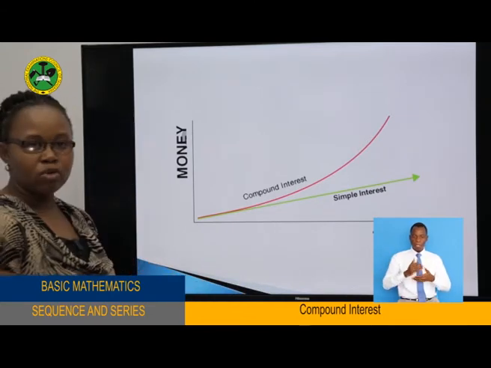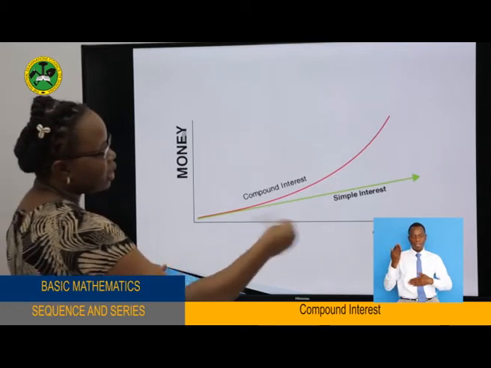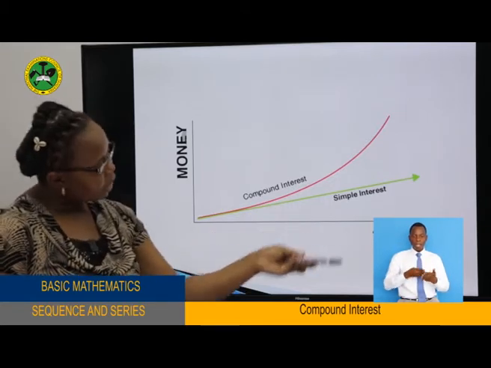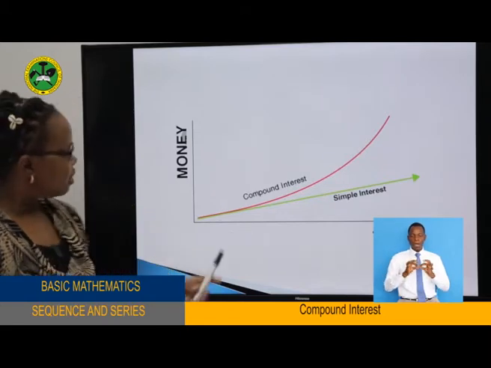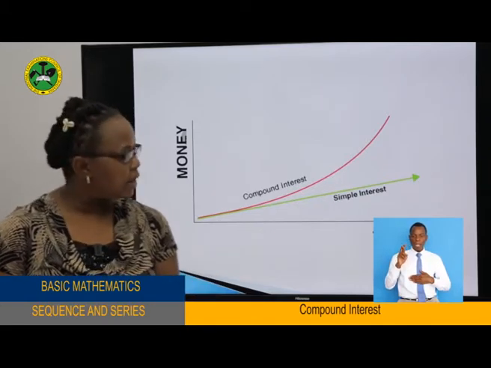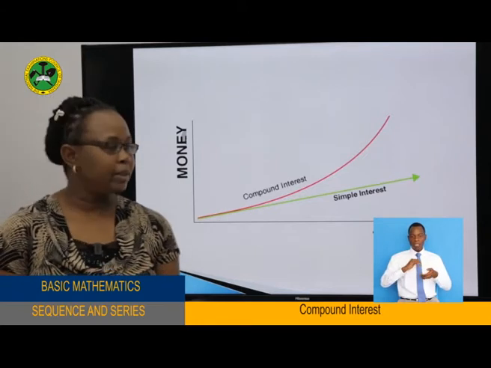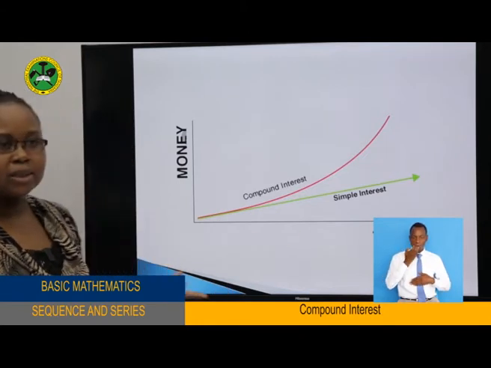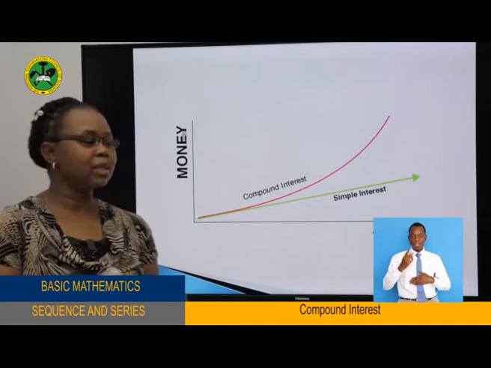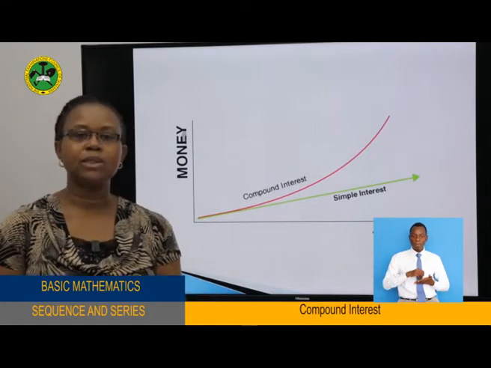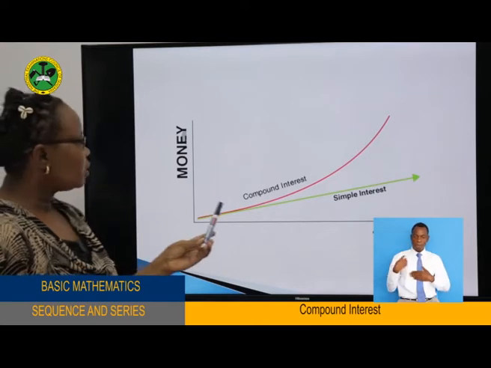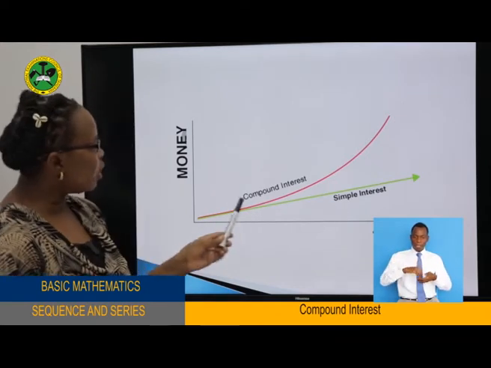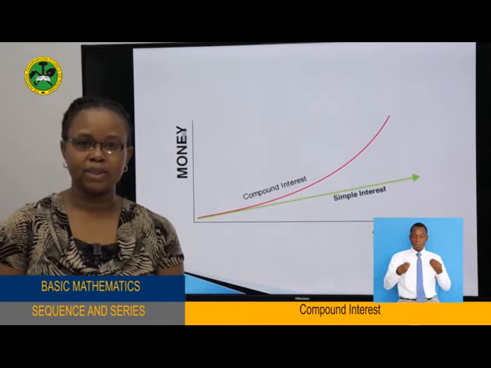In this graph, there are two lines, one with green color and the second one with red color. The green one is the simple interest. Simple interest we learnt when we were in Form 1, and today we are looking only at compound interest.